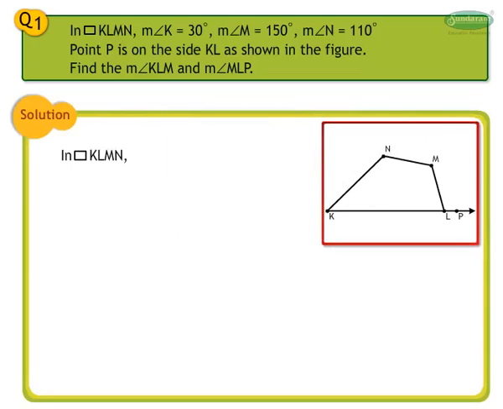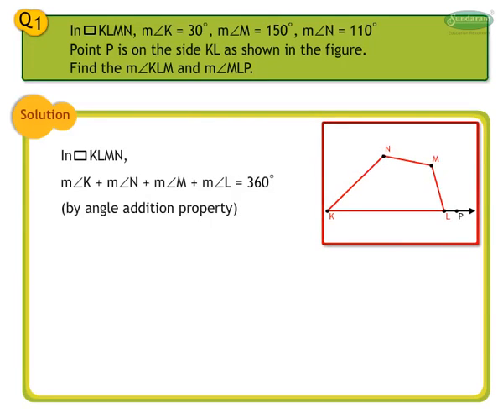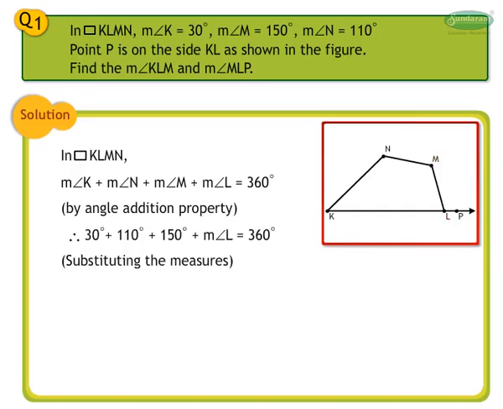In quadrilateral KLMN, by angle sum property, measure of angle K plus measure of angle N plus measure of angle M plus measure of angle L is equal to 360 degrees. Substituting the given measures, 30 degrees plus 110 degrees plus 150 degrees plus measure of angle L is equal to 360 degrees.